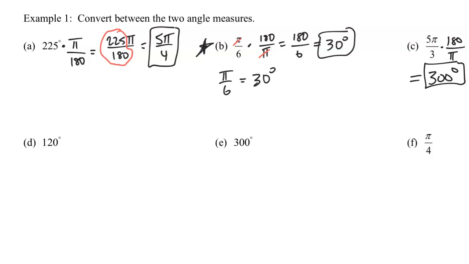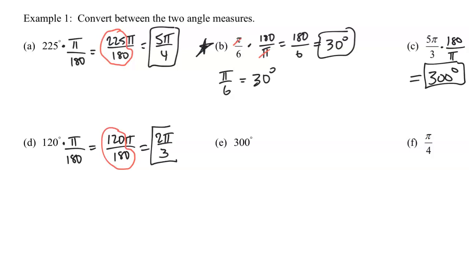Okay, 120 degrees, if we were going to convert that to radians, that would be pi over 180 is what we would multiply by, and so that's going to be 120 pi divided by 180, and we're going to take just the fractional part of that, just the numerical part, leave the pi out of it, because we want to leave our answer in terms of pi, and 120 over 180 reduces to 2/3, and so this would just be 2 pi divided by 3.